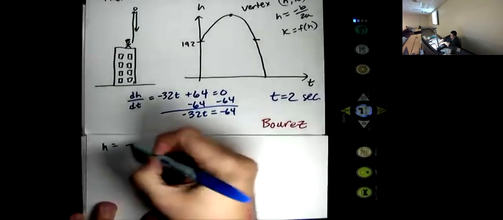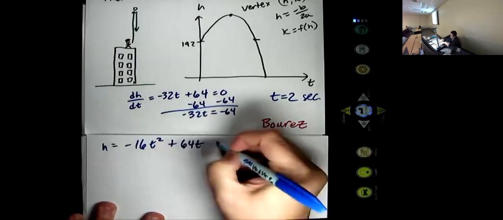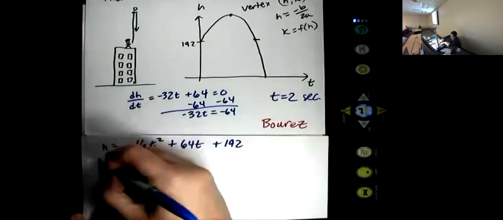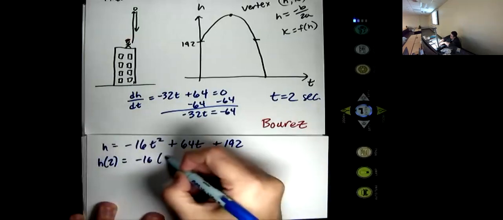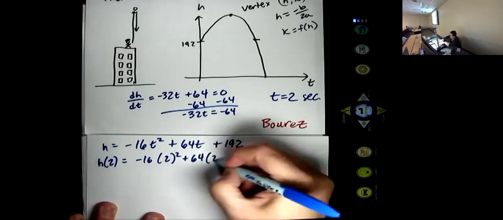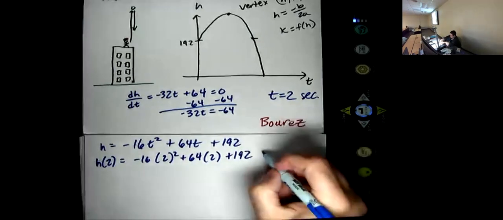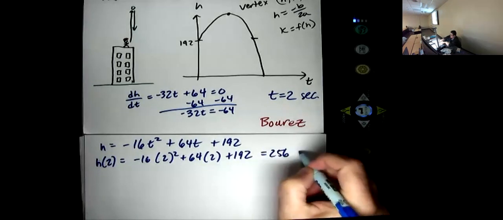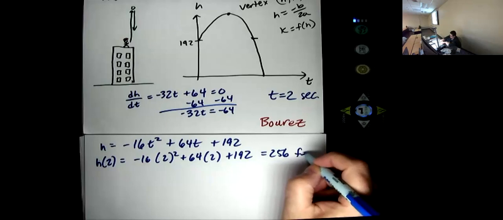We had negative 16t squared plus 64t plus 192. And we're going to evaluate h at 2. All said and done, that should get you 256. And the height was in feet.